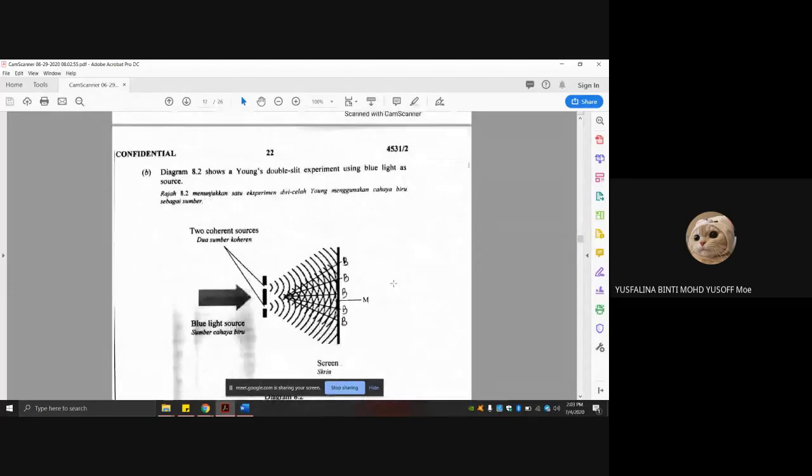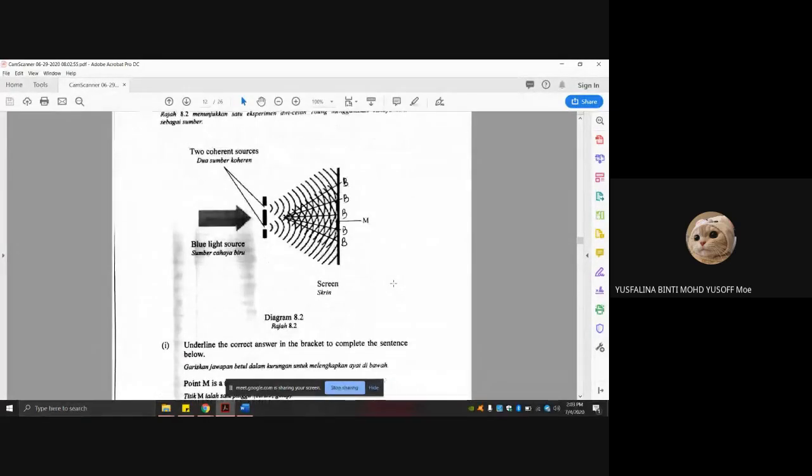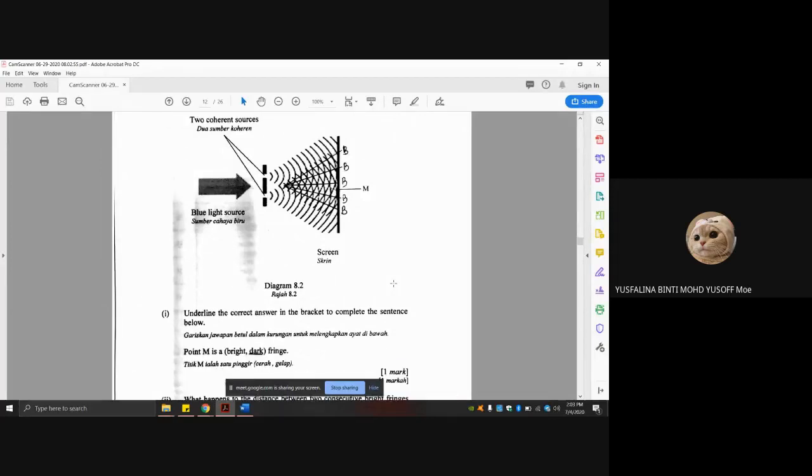Alright, the next question. Diagram 8.2 shows a Young's double slit experiment using blue light as source. Underline the correct answer in the bracket to complete the sentence below. Point M is a dark fringe. I already underlined it for you.